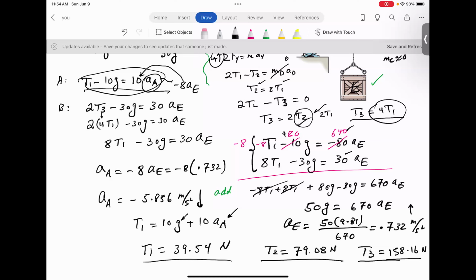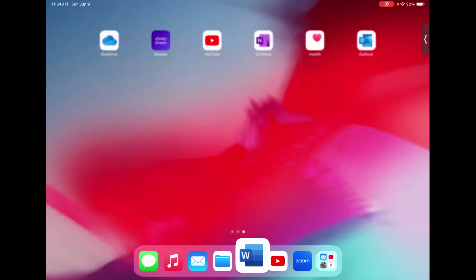So let's see if I could show you my screen here. Let's say share screen with you. Okay. Let me see if I could do that here, guys. Just give me a second.